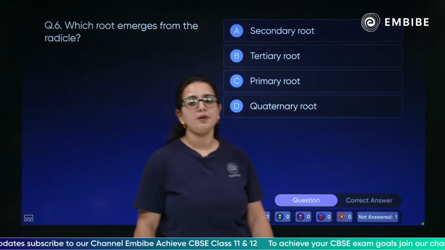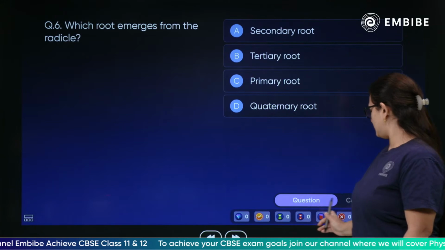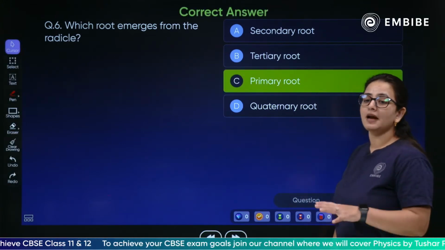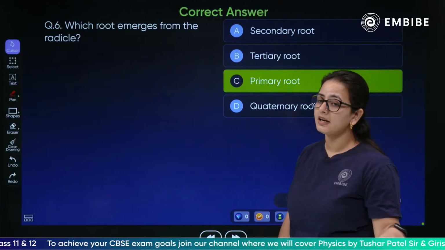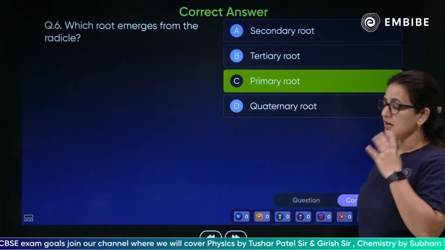Secondary root, tertiary root, primary root, quaternary root? The answer is the primary root. The primary root is emerging from the radicle, and after that the other roots emerge. This we have already discussed in the section.